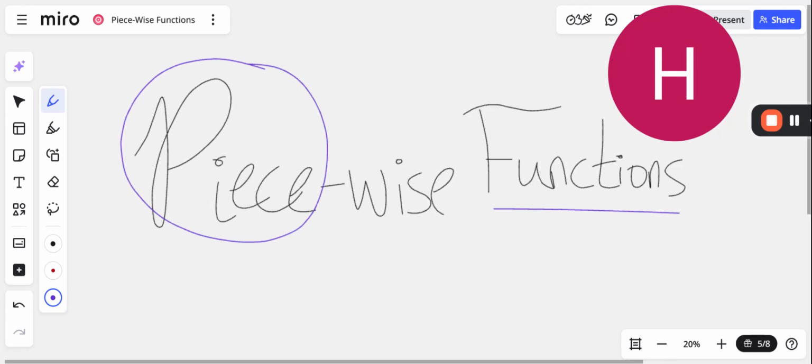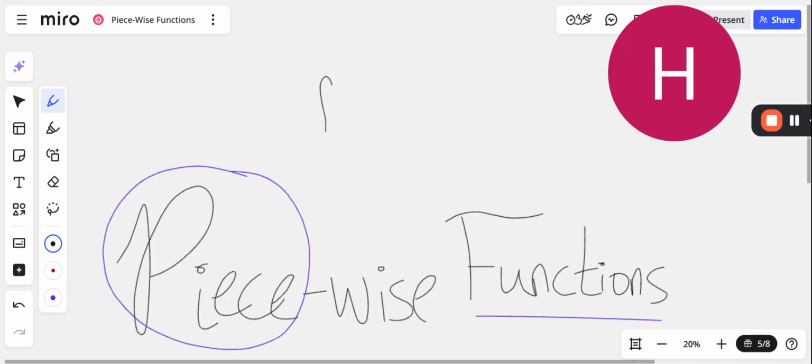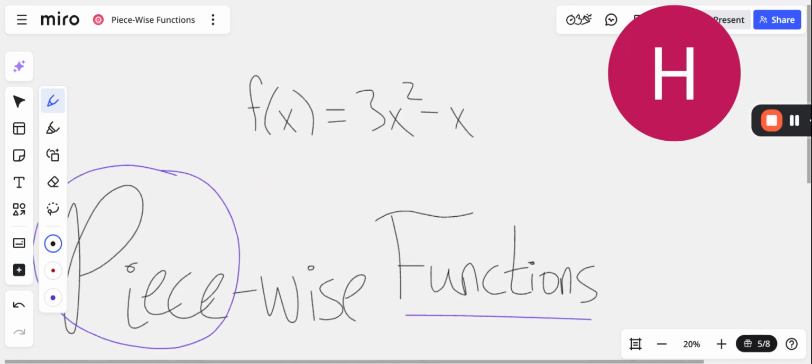Piecewise function. So what that means is instead of having one equation like f of x equals 3x squared minus x plus 2, where you could simply plug in any x value that doesn't violate the domain restrictions of the function, calculate what f of x would be, and that gives you your y value.